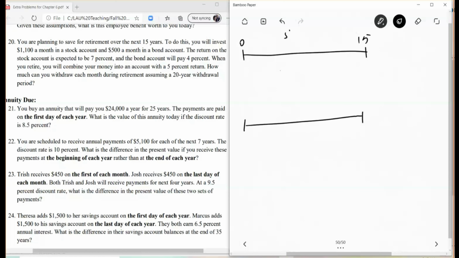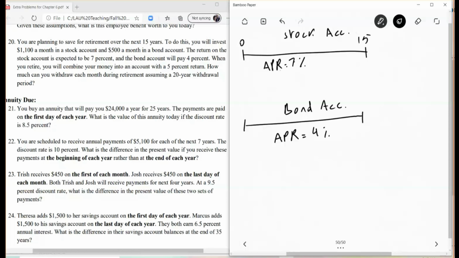This is the first account, the stock account, and this is the bond account. We are earning 7% as our APR, and for the second account, our annual return is 4%.